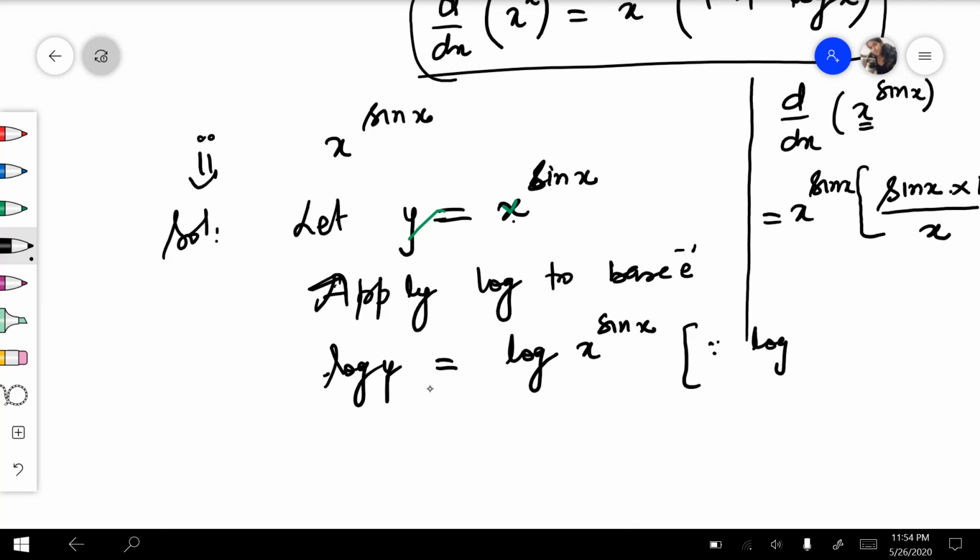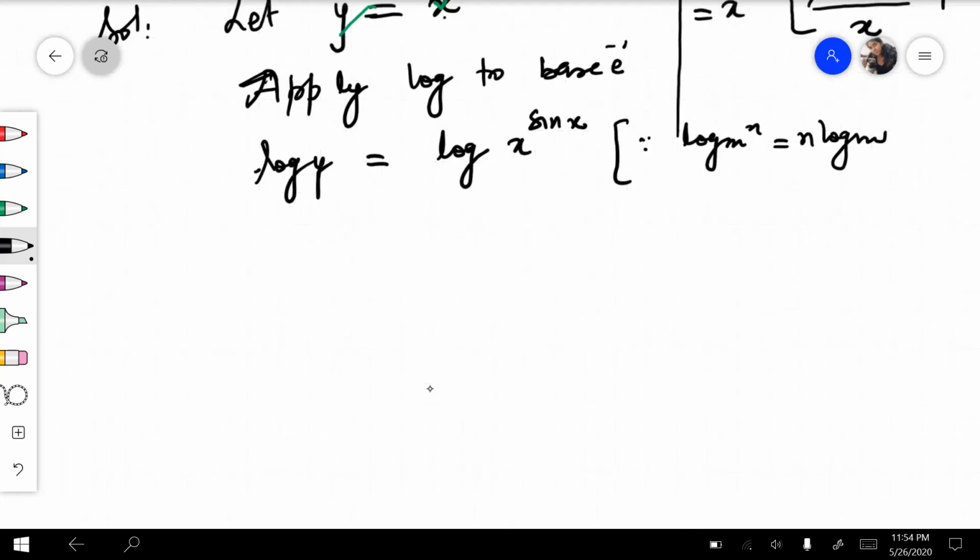Properties of log m raised to power n is equal to n log of m, which means log y is equal to sin of x into log of x.